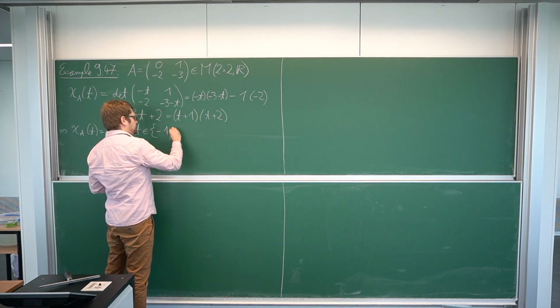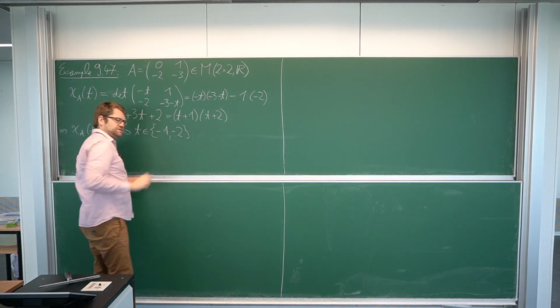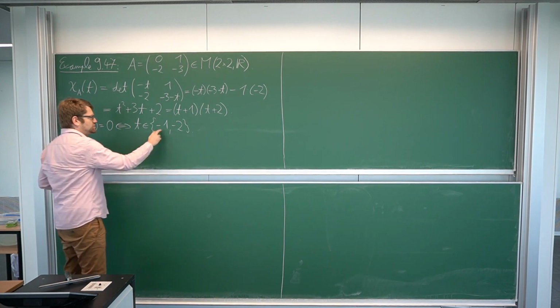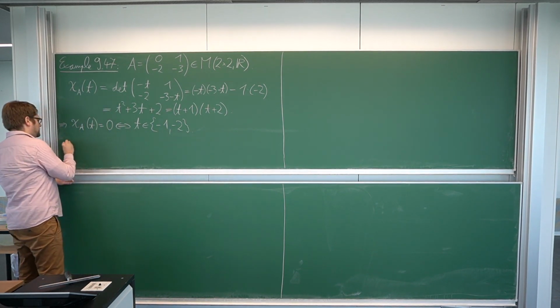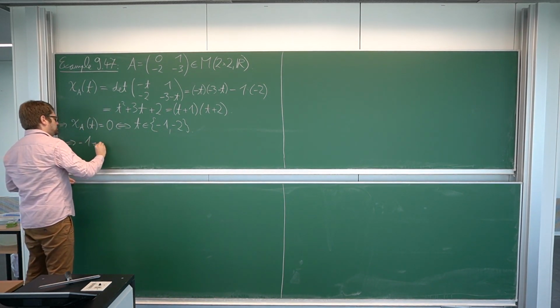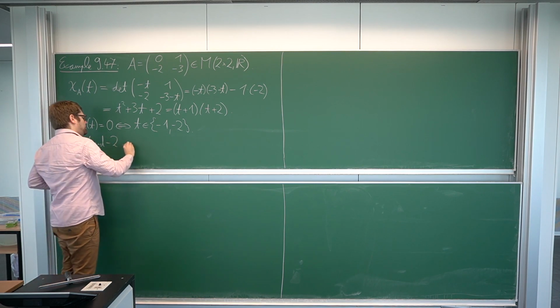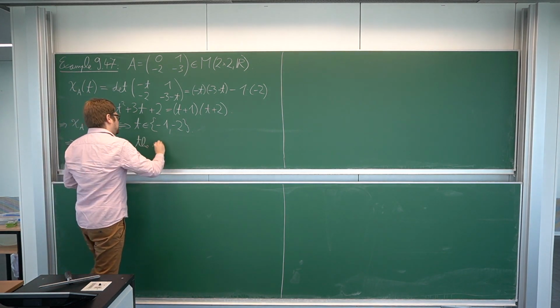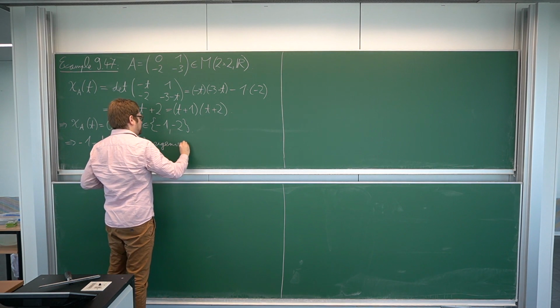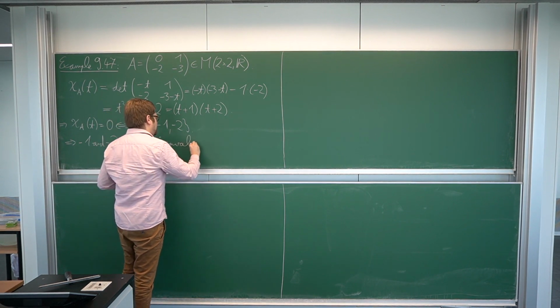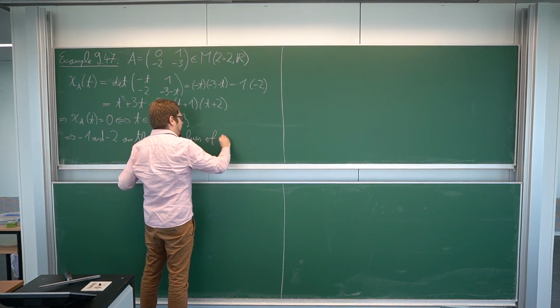This would become 0 if t is minus 2. So we have two eigenvalues, namely minus 1 and minus 2, and we can't have any further because we don't have any further zeros. They are the eigenvalues of A.